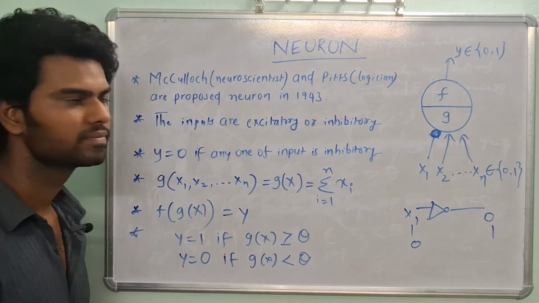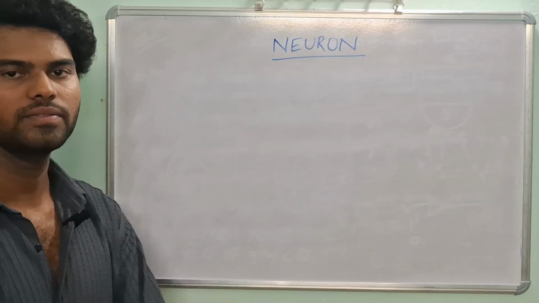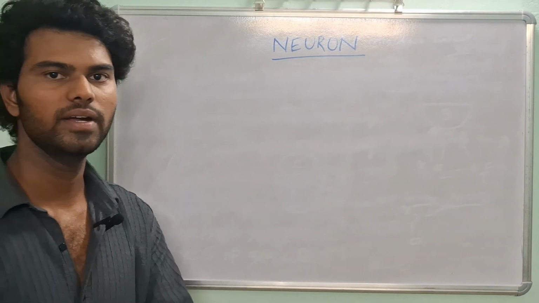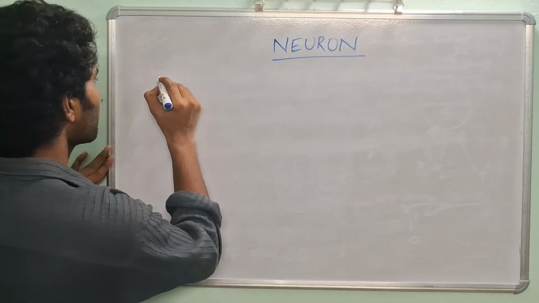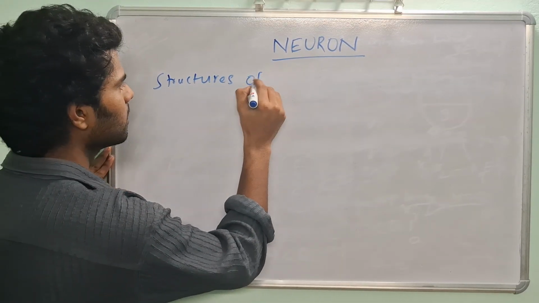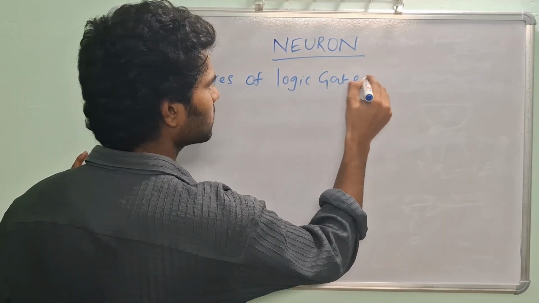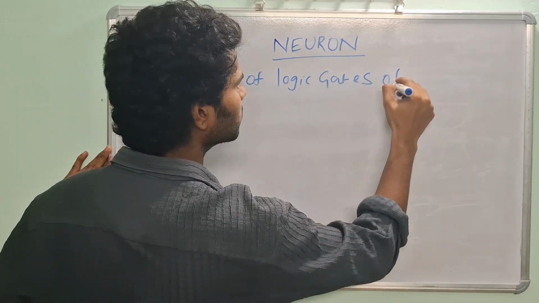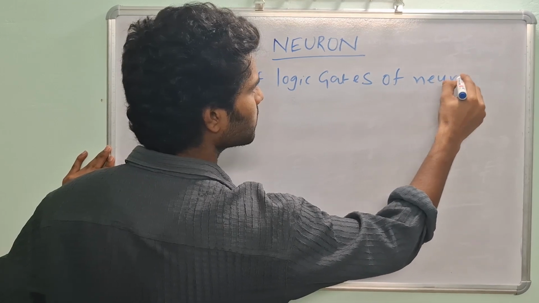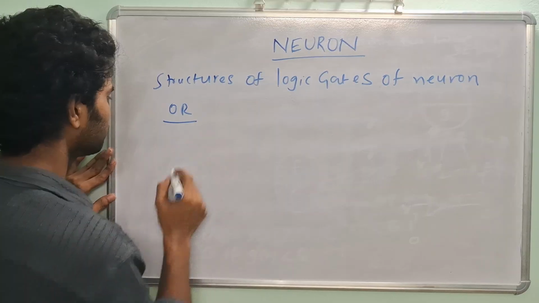Now we will see the structures of logic gates of the neuron. First, the OR gate.